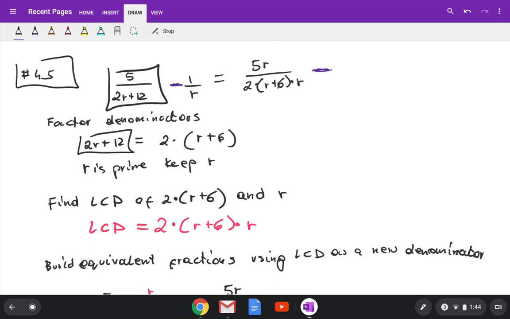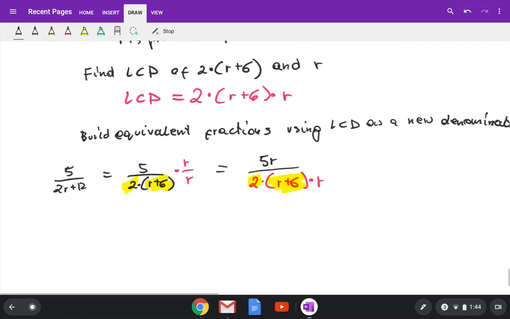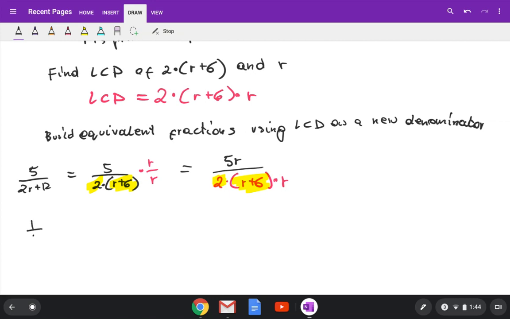And the next fraction, which is 1 over r, I need to create an equivalent fraction which has the denominator LCD, which is 2 times r plus 6 times r. So the original fraction has r, okay? So what is missing? The missing is 2 times r plus 6. So we multiply the bottom by 2 times r plus 6.